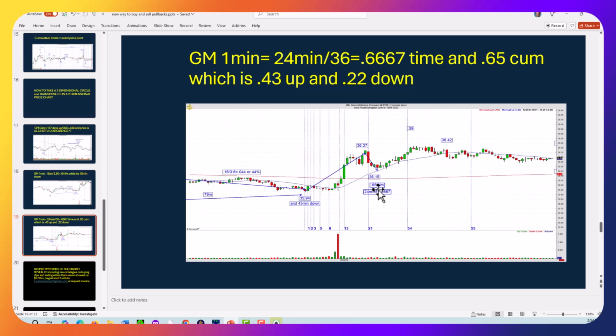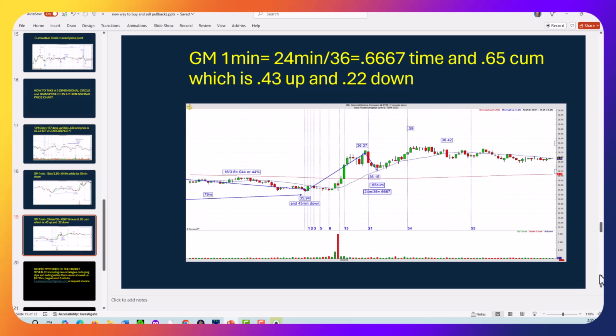So you've got 65 cents cumulatively, which is lining up with the fact that the time is 0.6667 of a circle. That's not a coincidence, gang.